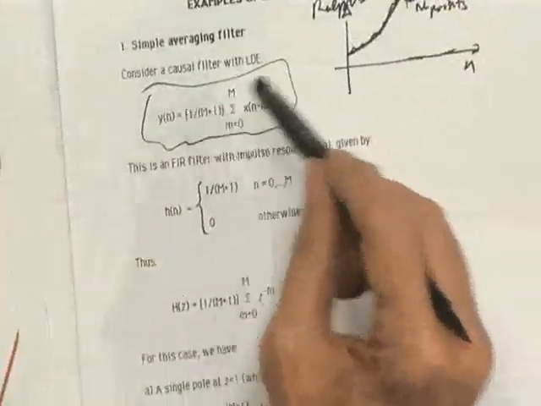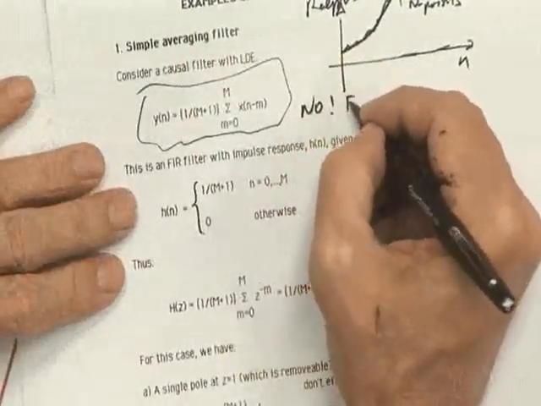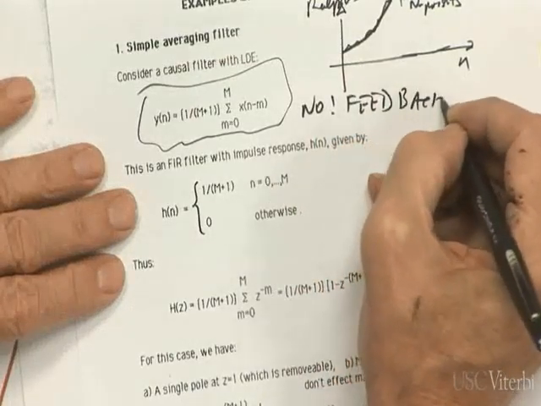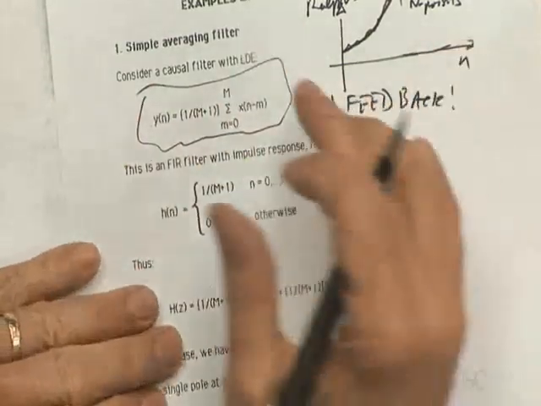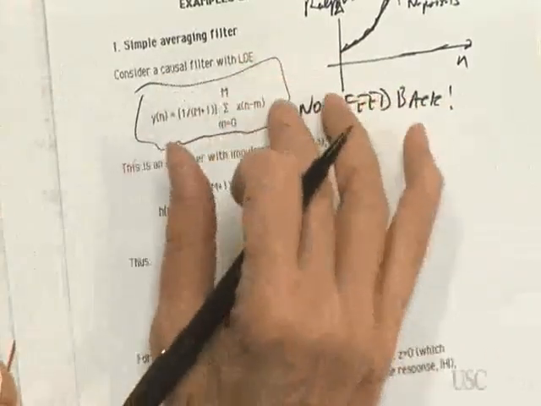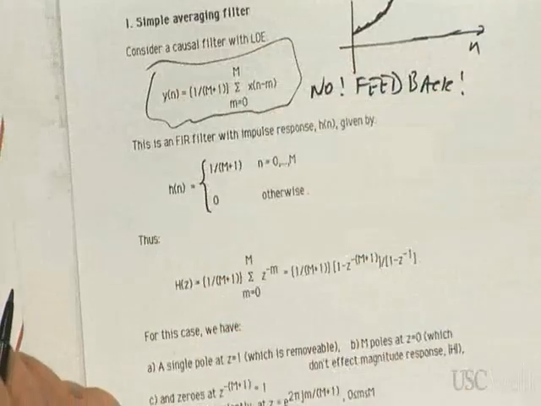You will notice it's only a function of the input. So it's a simple filter in that there's no feedback for this filter. In terms of implementation, depending on what M is, it requires a lot of adders, but at least there's no feedback.